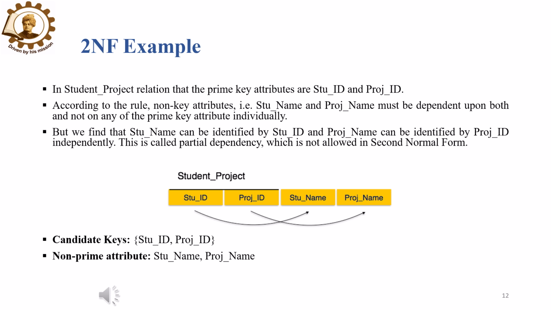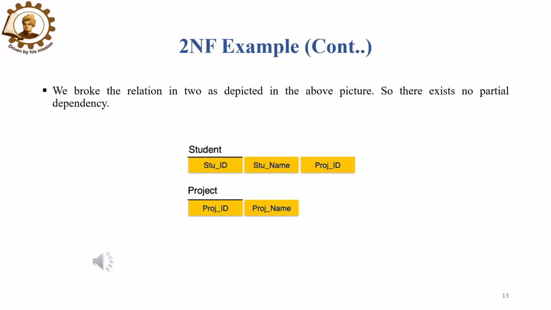Since the primary key is composite, this is a partial dependency. To resolve this, we split the table into two, one for student info and one for project info. Now there are no partial dependencies.